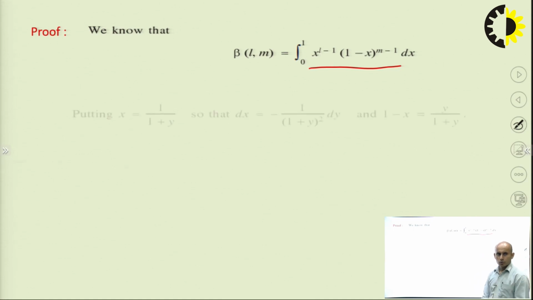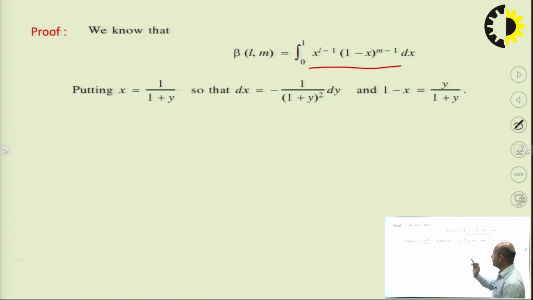Now if we assume that x equals 1 upon 1 plus y, then we get dx equals minus 1 upon 1 plus y square dy, and 1 minus x will be y upon 1 plus y.